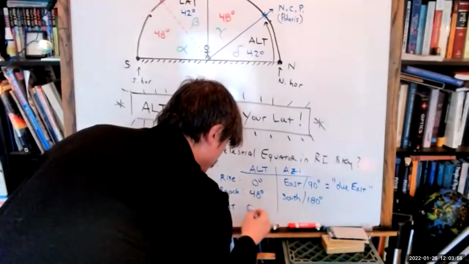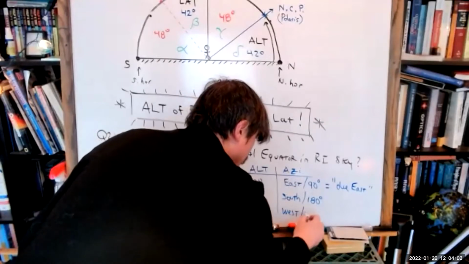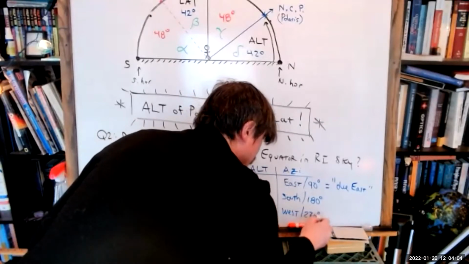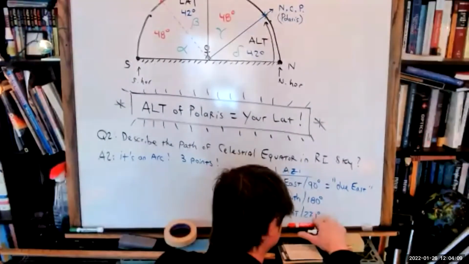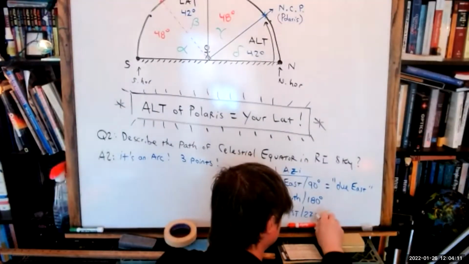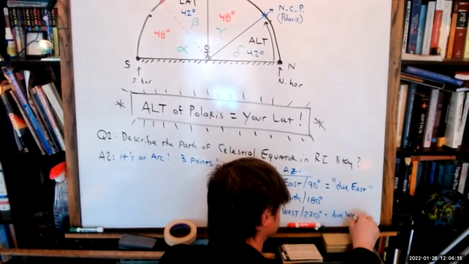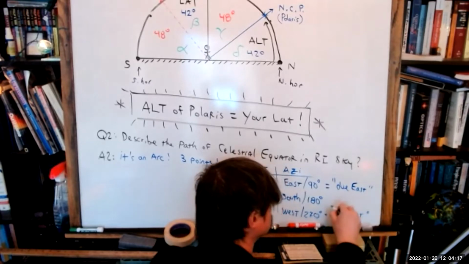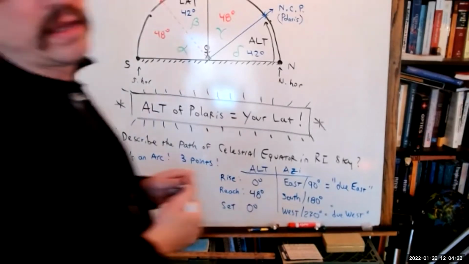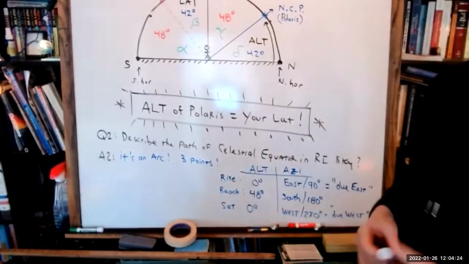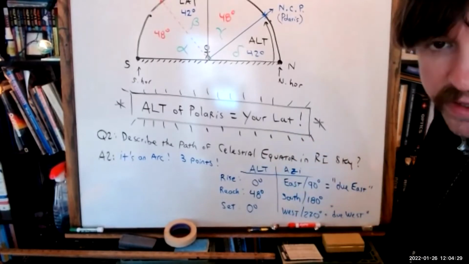And the azimuth would be west, or 270 degrees. And whoever I was talking to before, because it's not always obvious sometimes, that would be due west because it's on the horizon. That's the proper way to do this.